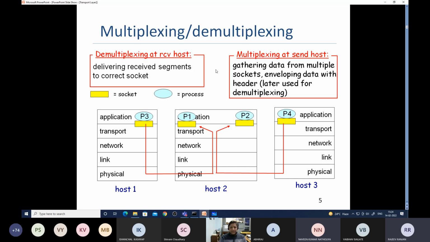Multiplexing is done at the sender side. As I told you, every application has to open a socket, and the application writes data to that socket.